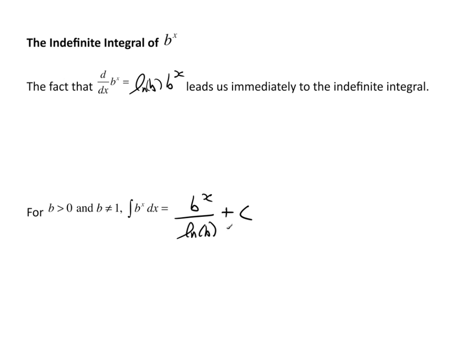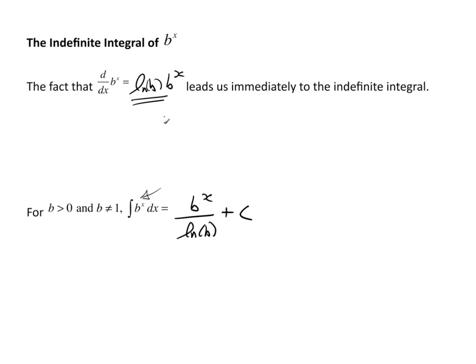Now, I know that because if I integrate this, whatever I get, if I take the derivative, I have to get this thing right back. So, if I take the derivative of b to the x, I get, like I said here, ln b times b to the x, but I need a b to the x.